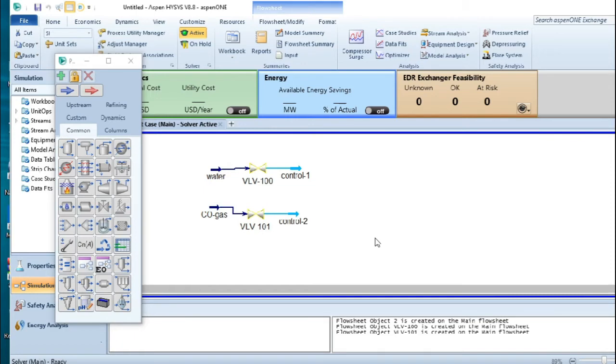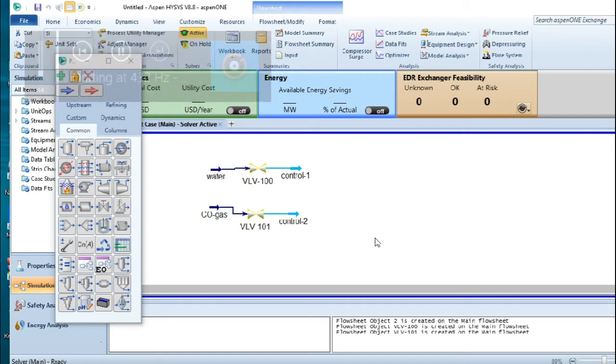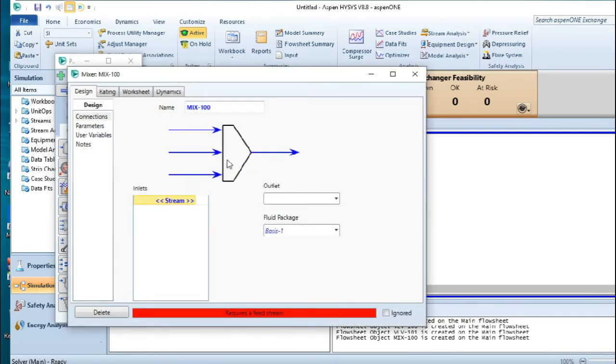So after this, we now introduce a mixer. Let's call it mix 1.